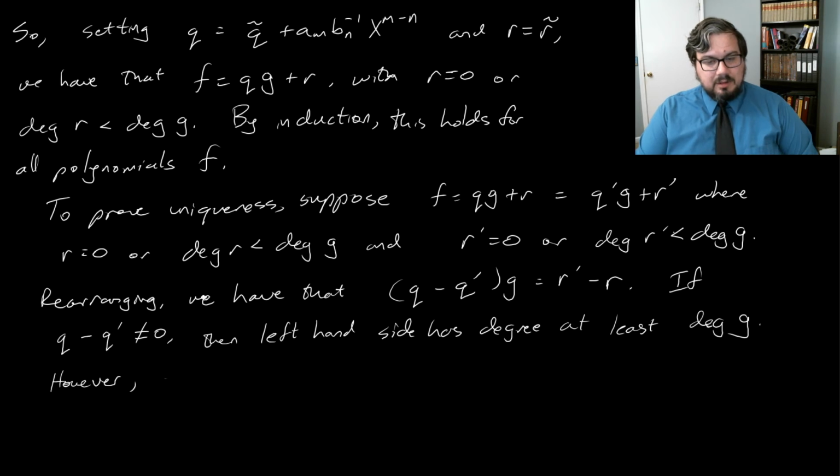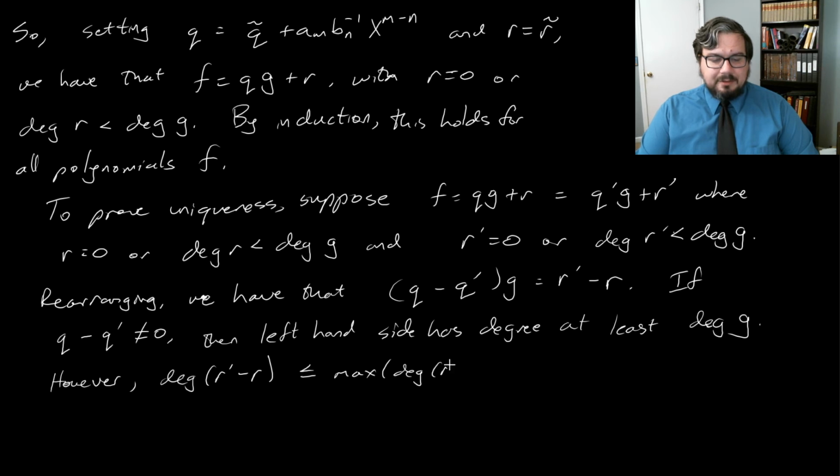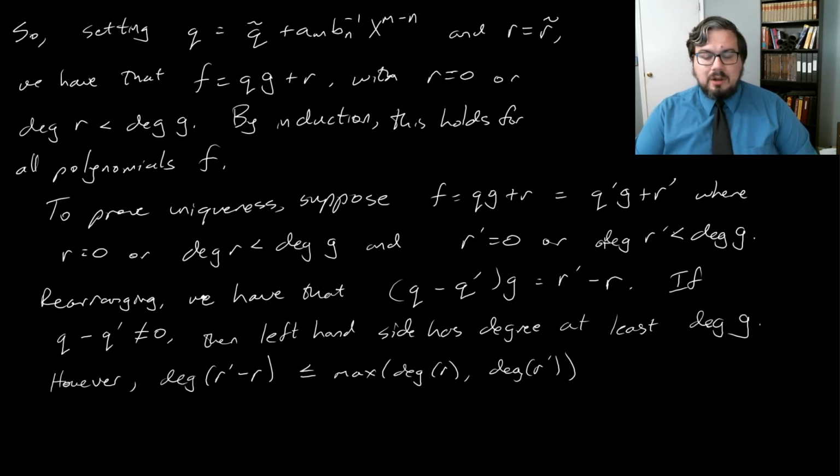However, the degree of r prime minus r is at most the maximum of the degrees of r and r prime. And we know that both r and r prime have degrees which are less than the degree of g.